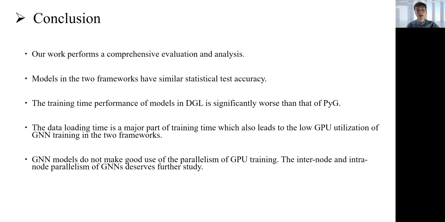The data loading time is a major part of training time, which also leads to the low GPU utilization of GNN training in the two frameworks. GNN models don't make good use of the parallelism of GPU training. The inter-node and intra-node parallelism of GNNs deserves further study.